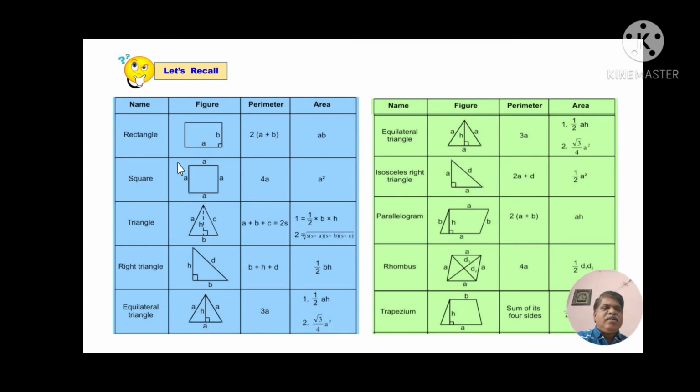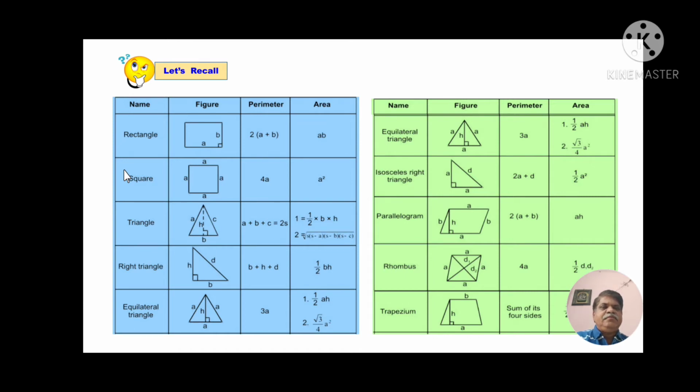Then isosceles right triangle. Here the sides making the right angle are equal. At that time perimeter is 2a plus d and area is half a square.